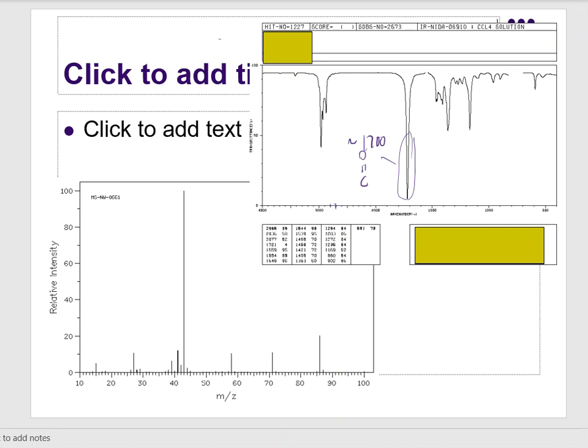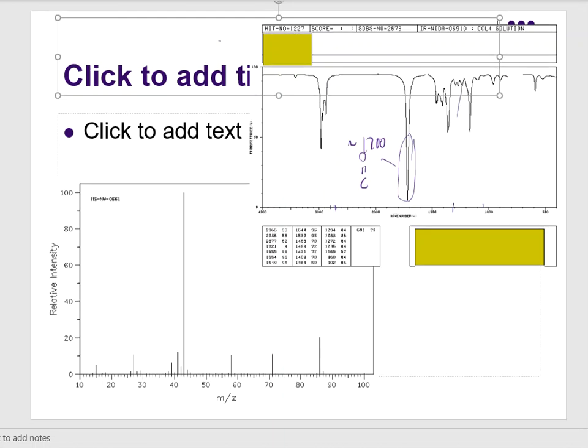All right, well, what other types of carbonyls do we have? An anhydride? Well, no, that would show two of them at 1700 and 1800 or 1600 maybe. I only see one. So in the area of 1050 to 1300, I see clearly one major peak.